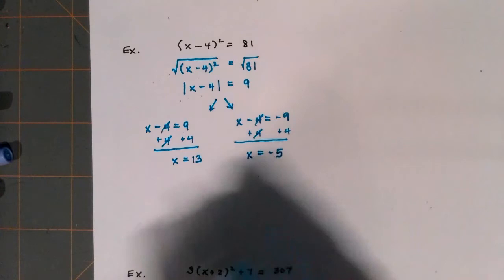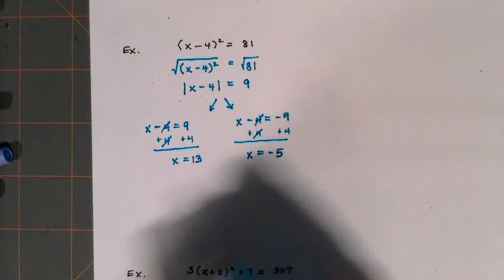So my answer is addition and subtraction, multiplication, division, exponents, and parentheses. So the first thing I'm going to do is undo any addition and subtraction. So I subtract 7 from both sides. These cancel. And I get 3 times quantity x plus 2 squared is equal to 300. Now I would undo any multiplication and division.